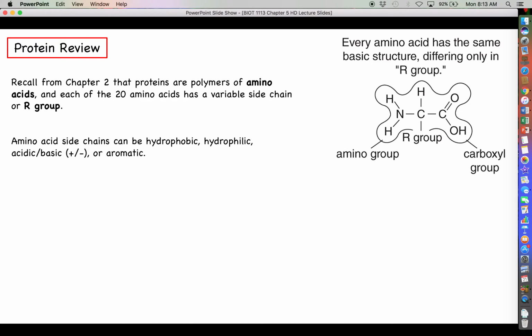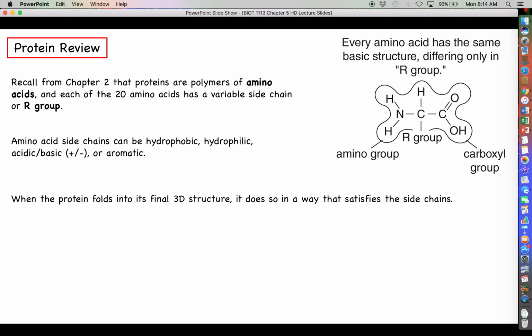If it's basic, it'll take on a positive charge at a neutral pH. Or these R groups can be what is called aromatic, which isn't going to mean a whole lot to us just yet. But basically, aromaticity is referring to these ring structures in which the electrons move around in a resonance. So like I said, that doesn't mean a whole lot to us, so don't worry about it too much.